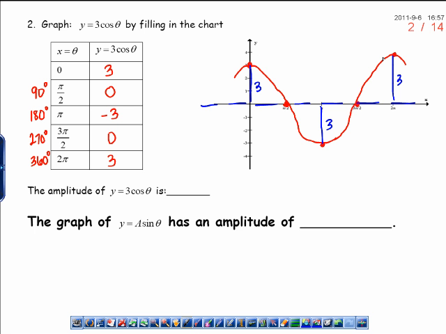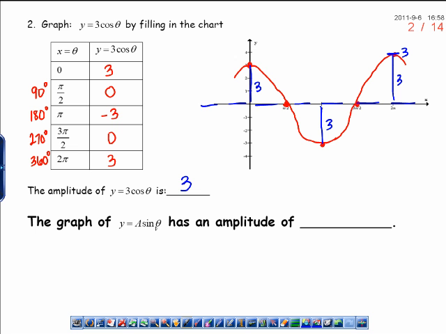Now, it looks kind of over here that I went up a little too high. That was just user, not being exactly accurate. This is at 3. Okay, so the amplitude is 3. If you guessed it right, give yourself a pat on the back. Again, notice that the period here is 2 pi or 360 degrees, which is the same as the parent function.